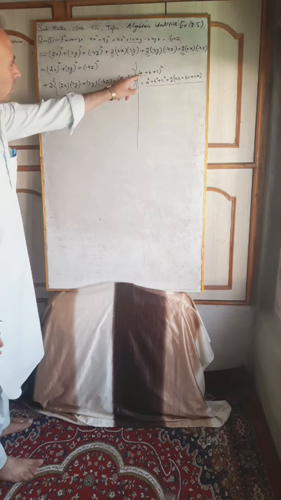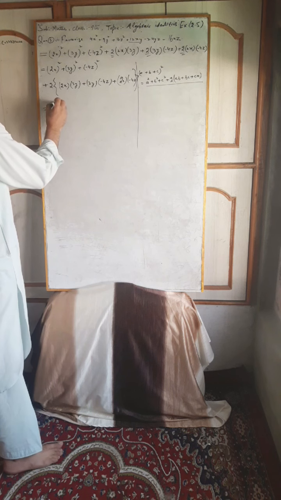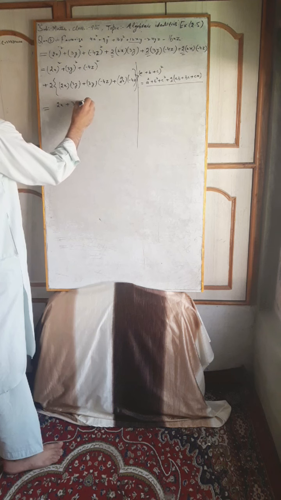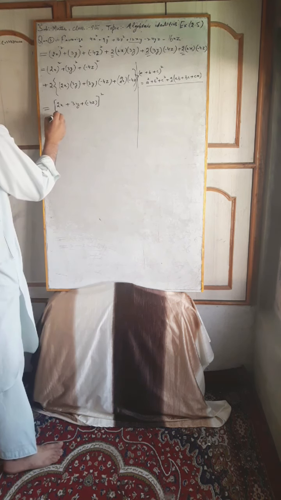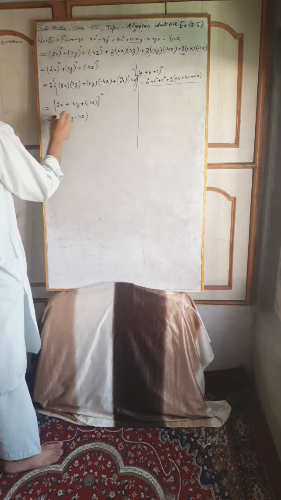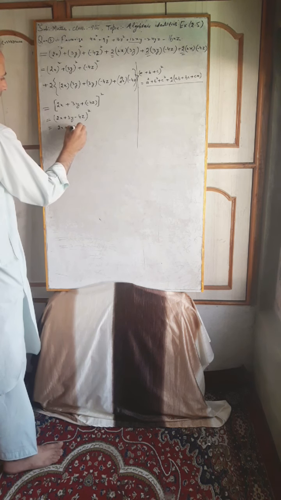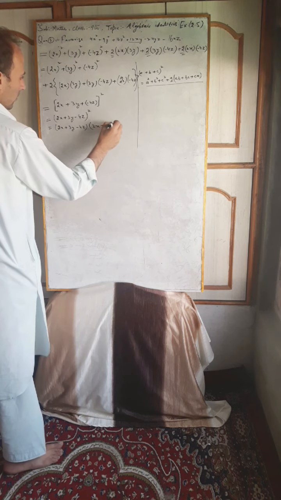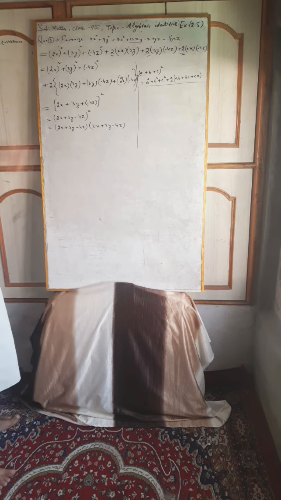So obviously it would be equal to a plus b plus c whole square, meaning it will be equal to 2x plus 3y plus minus 4z whole square. So it will be equal to 2x plus 3y minus 4z whole square, and it can be written as 2x plus 3y minus 4z into 2x plus 3y minus 4z. These are the factors of this polynomial.